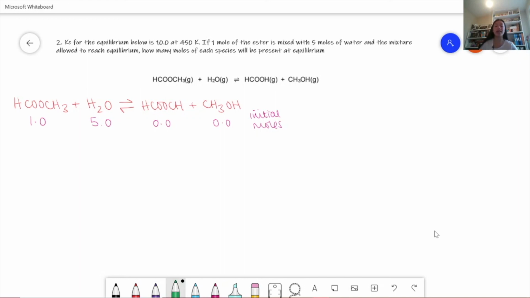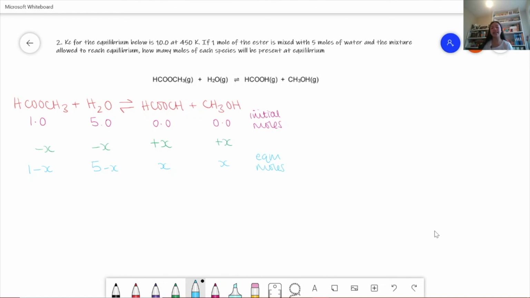So that means on the right hand side we must have pluses. So let's say this is plus X and this is also plus X. That means that the reactants are minus X and minus X because everything is a 1-to-1 ratio. And so we can write out expressions for the equilibrium moles. So we have 1 minus X and 5 minus X, X and X, and these are the equilibrium moles.